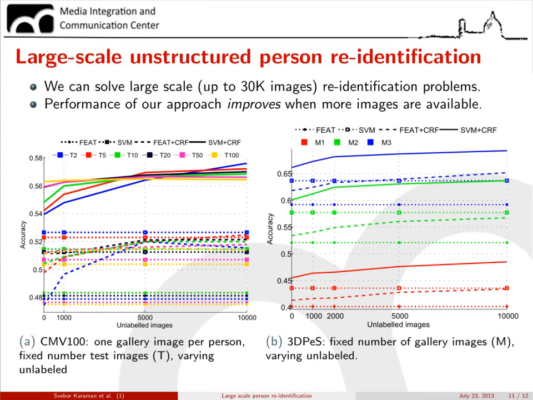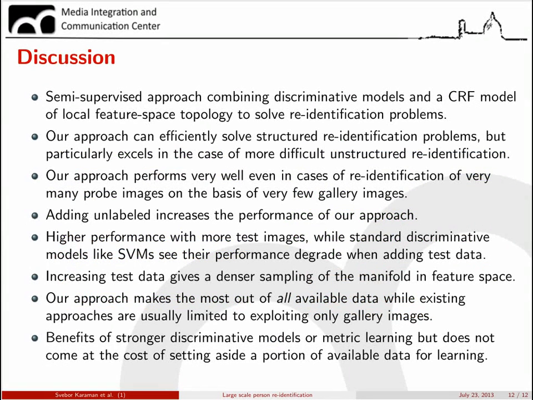In a final set of experiments, we demonstrated how our approach scales to very large re-identification problems involving up to 30,000 gallery and probe images. Interestingly, the performance of our approach improves when more images are available. The results of these experiments demonstrate that the conditional random field is effective at leveraging all available imagery in order to better uncover local structure and feature space and improve re-identification.